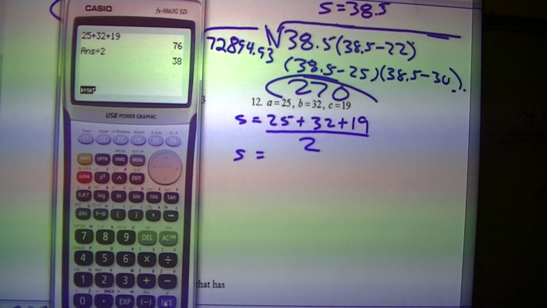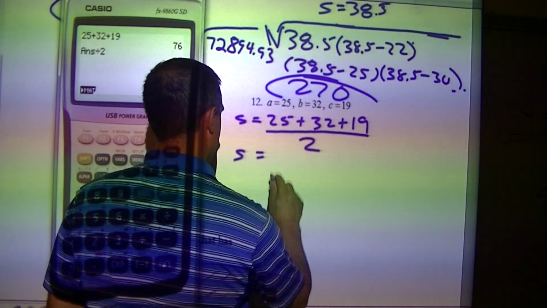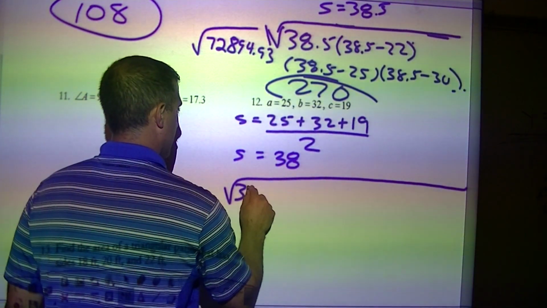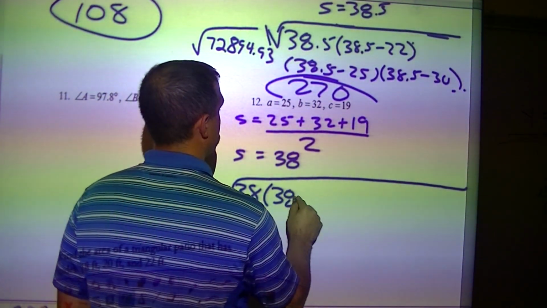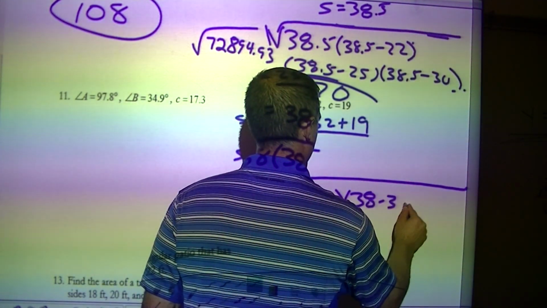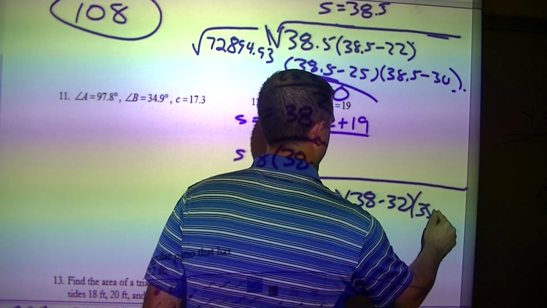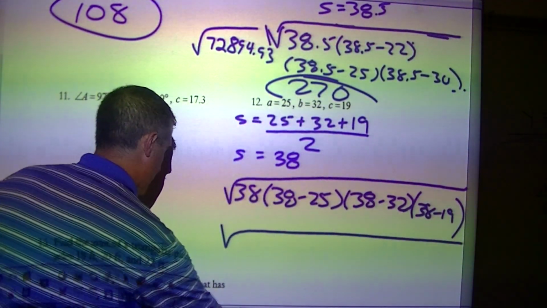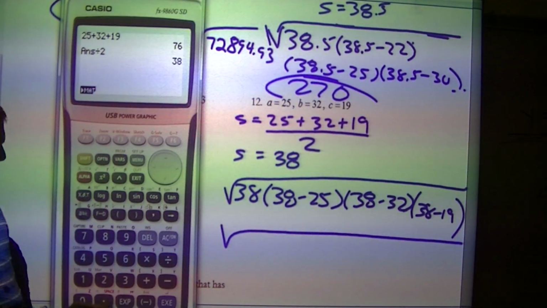Okay, this one is going to be just regular 38. Okay, once again, I'm doing 38 minus 25, 38 minus 32, 38 minus 19. Okay, I'm going to take the square root of whatever that result is. Find the under part first.